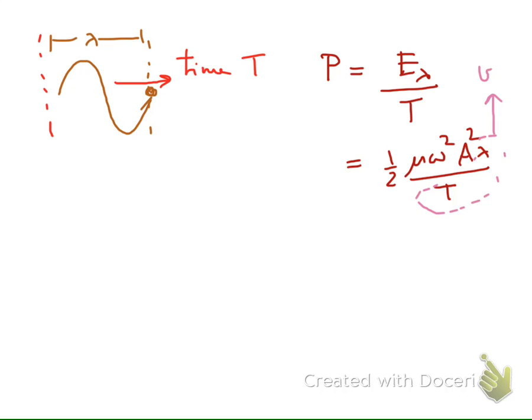So this lambda over T is the velocity of the wave. So what we have is that this equals half of mu omega squared A squared v. Oh, I missed a square too. So this is the formula for the power delivered through the wave.